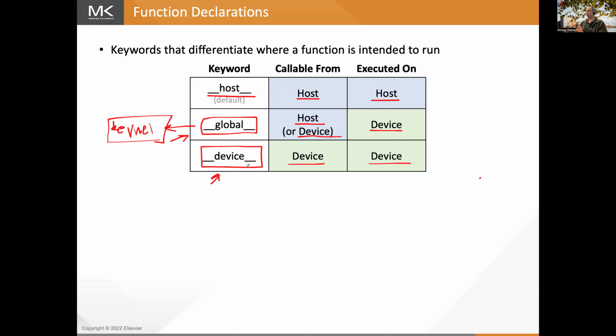It means that one of the threads or all of them, depending on your code, can execute this function as a normal function on the GPU. So when you annotate the functions in your code with these keywords, the CUDA compiler knows which function is going to be compiled for which piece of hardware.